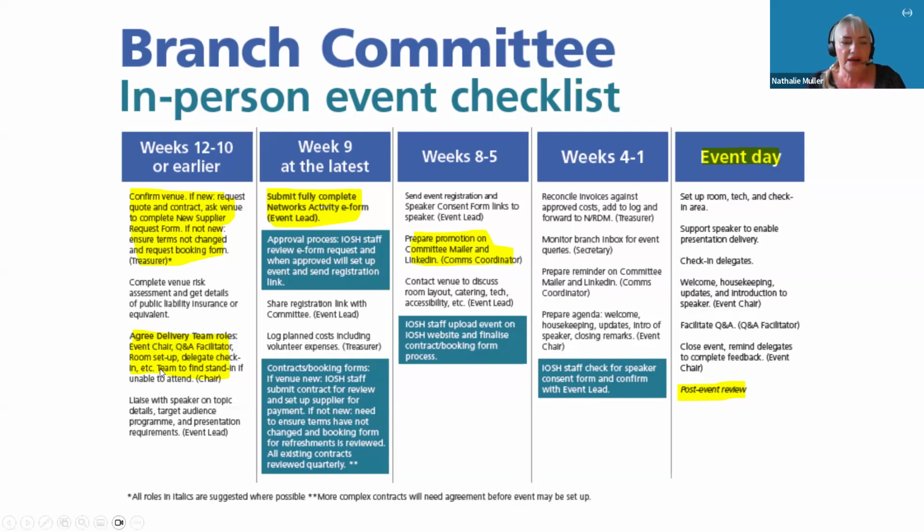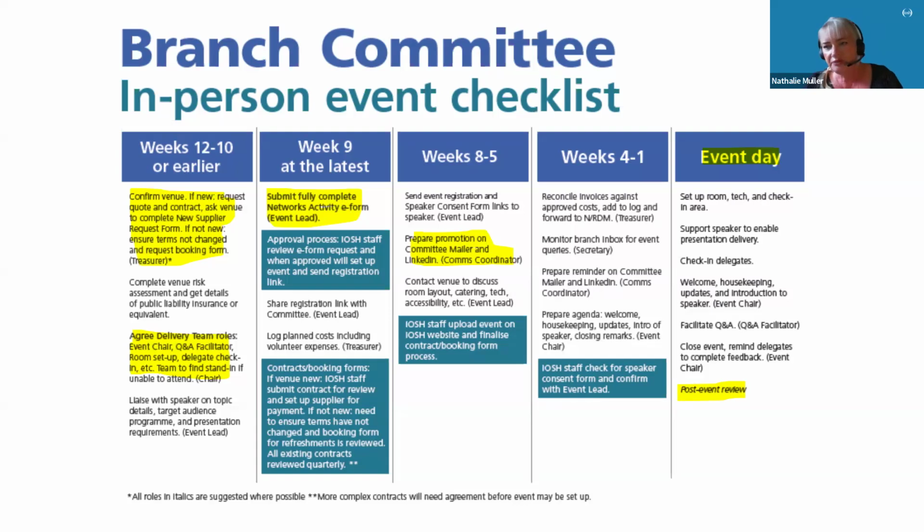So again, highlighting at that time, if not before, to agree your delivery team, and then no sooner than 9 weeks, at the latest, to do your networks activity e-form. After that, our RDMs will look at the e-form and either come back to you and say not all the information's there, or they will use our decision matrix to make sure our decisions are consistent, and then right away approve that, and then we can set that up on Eventbrite, and a link will be sent to the event lead.